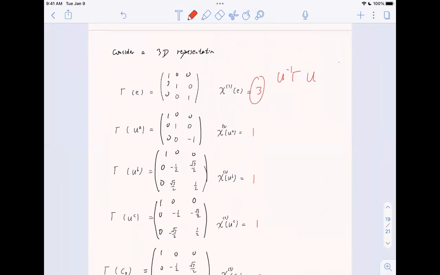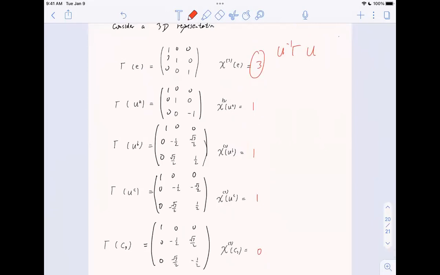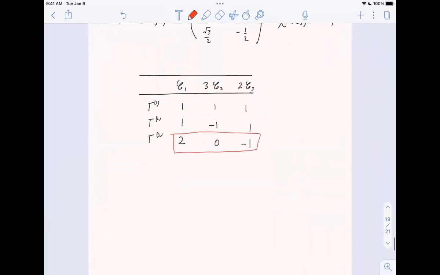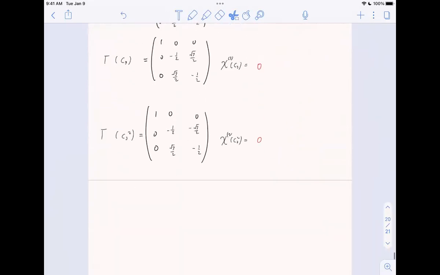So you will still get the same number. So how do we know that it is gamma 1 plus gamma 3? We know that here this is gamma 1, this is gamma 3. How do we know it's gamma 1 and gamma 3? So let's go back to this character table.